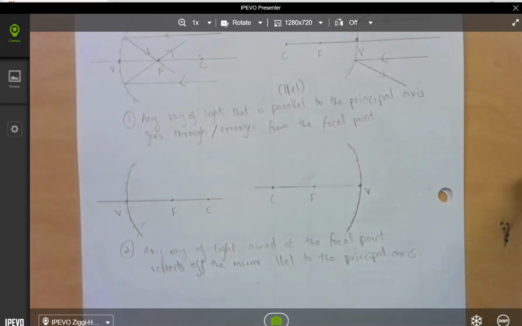So this is just more or less essentially the opposite of the first rule. Right? This is rule number 1. Rule number 2. Incident ray is through the focal point or at the focal point. But it always comes out parallel to principal axis.